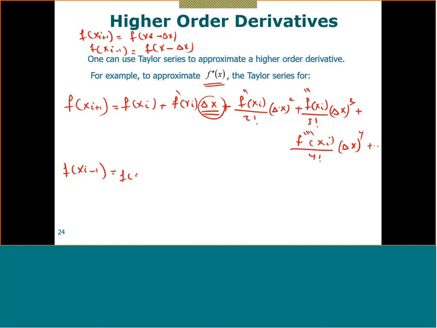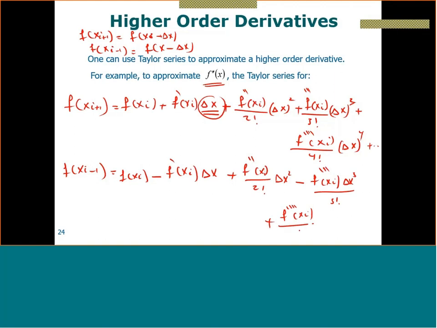So this becomes f of x_i minus f prime of x_i delta x plus, because this is delta x squared, f double prime of x_i divided by 2 factorial delta x squared minus f triple prime of x_i delta x cubed over 3 factorial plus f fourth derivative of x_i divided by 4 factorial delta x to the power of 4.